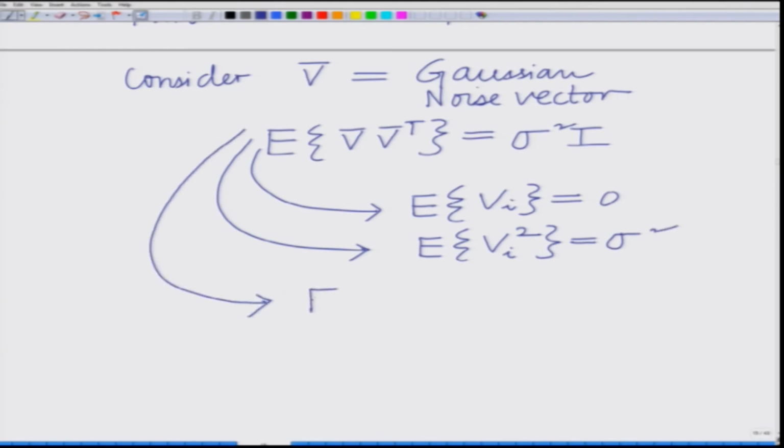Further, we are going to assume that the noise samples at two different antennas are uncorrelated. Since the noise is Gaussian, this implies also independence. If i is not equal to j, noise samples at two different antennas are uncorrelated, correct.